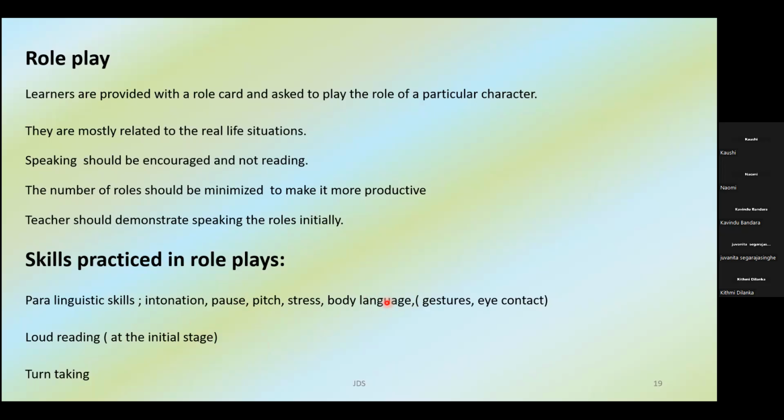In role play and speeches, it's more. Role play, dialogue, speeches, you have a whole lot of paralinguistic features getting connected, unlike information gap. Loud reading, turn taking. Anything else that can get added to this list?